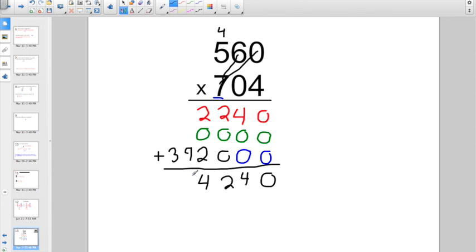Nothing plus 9, hey, that's 9. And nothing plus 3 is 3. So I have 394,240. Again, giving yourself enough space and keeping everything neat and straight and lined up is the secret to this success.